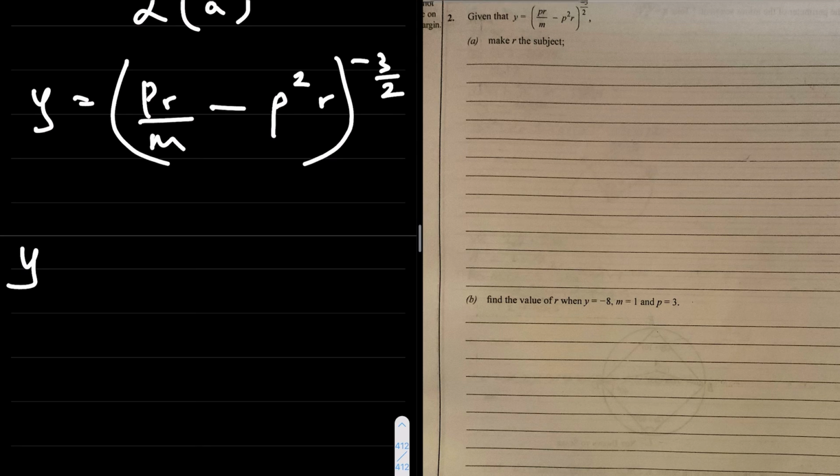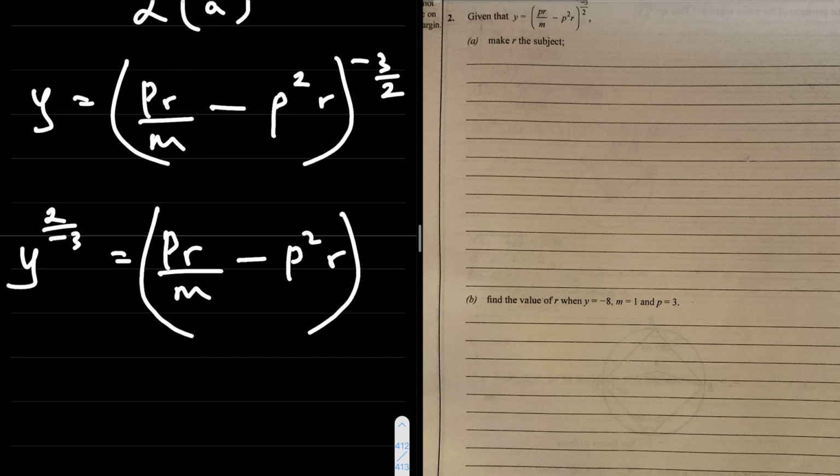So I'm raising both sides to the power 2 all over minus 3, which means y raised to the power 2 over minus 3 equals PR over m minus p squared r, raised to power minus 3 over 2, raised to power 2 over minus 3, which will now mean times 2 over minus 3.